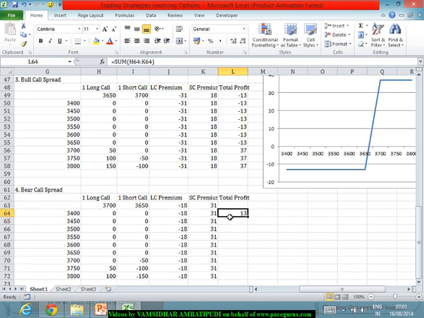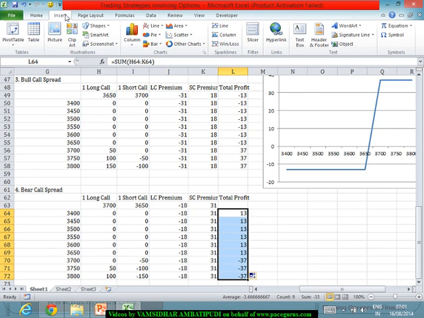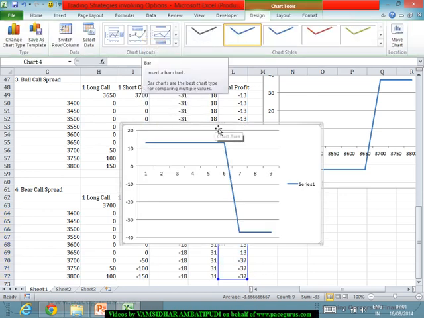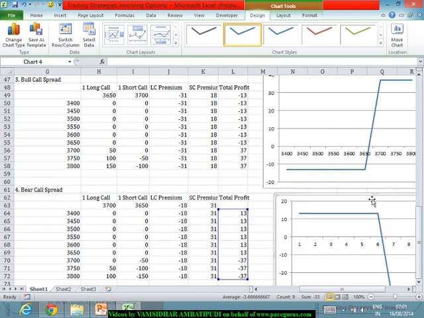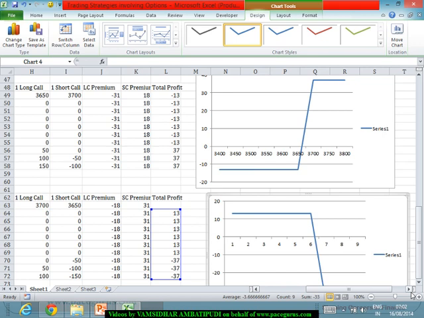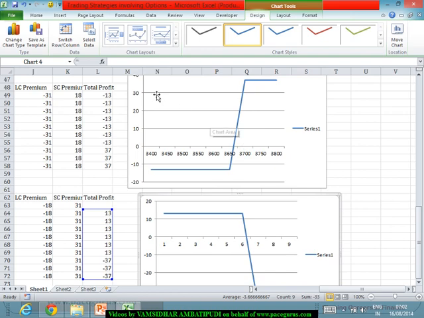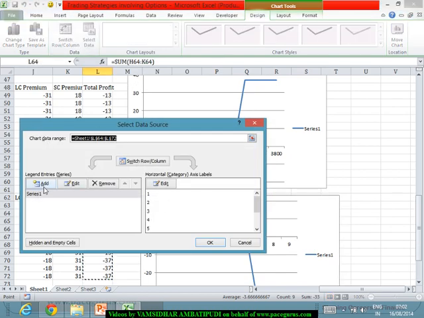Initially there is a profit that is getting made, and what I could typically see when plotting a graph in this case is that as the market price is increasing, a loss is getting piled up.